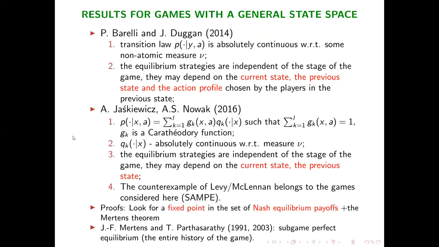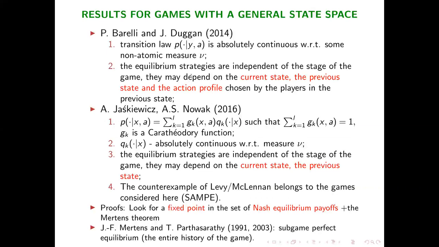So what kind of results do we have for games with general state space? The first result which I want to mention is due to Barelli and Duggan. They consider a transition probability P, and they assume that it is absolutely continuous with respect to some non-atomic measure mu.